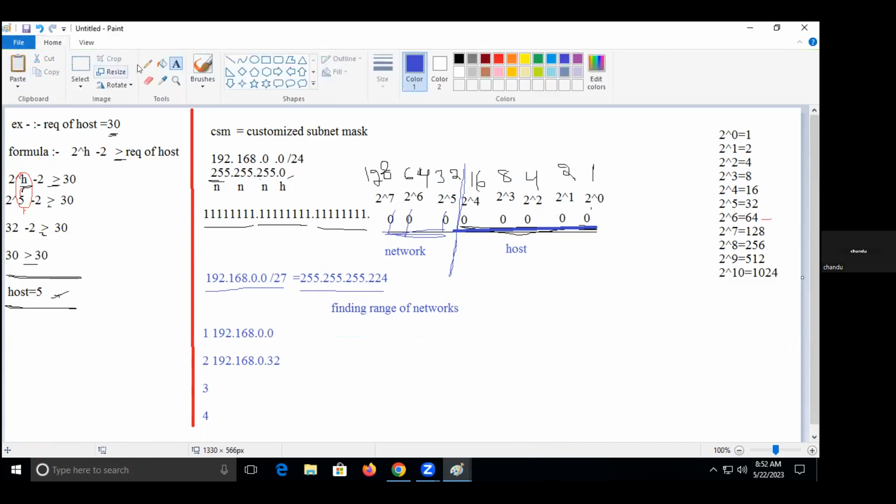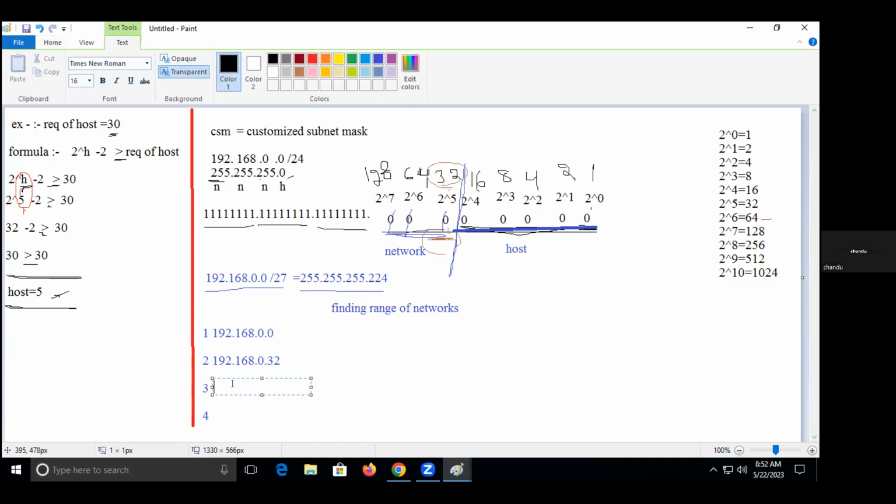Because the last incremental bit, the last network bit, has a value of 32. With that 32, we keep adding to find each new network: 192.168.0.64, and the next 128.